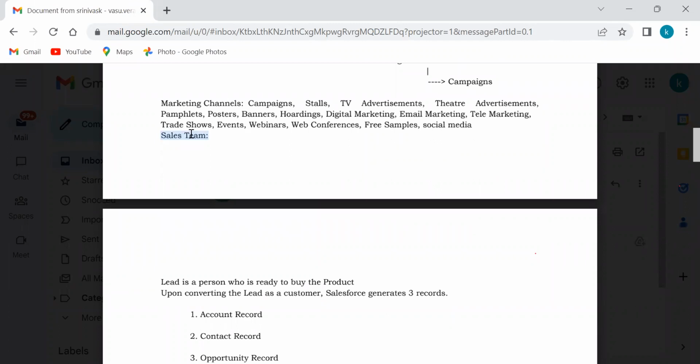So who is called a lead? Yesterday we discussed who is a lead. A lead is a person or organization who has just shown interest in our product, or who is ready to buy the product. Lead is not our customer. He will become a customer only upon purchasing the product.